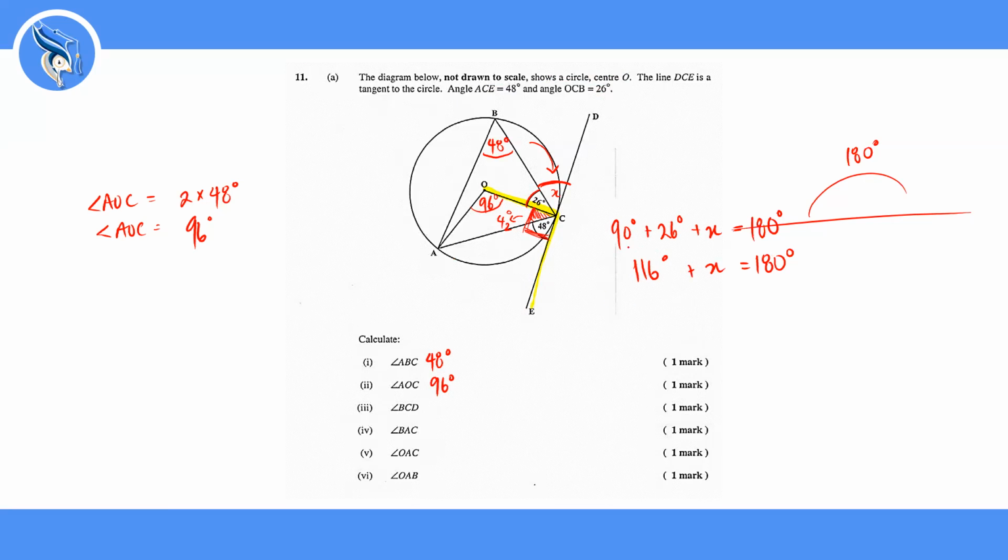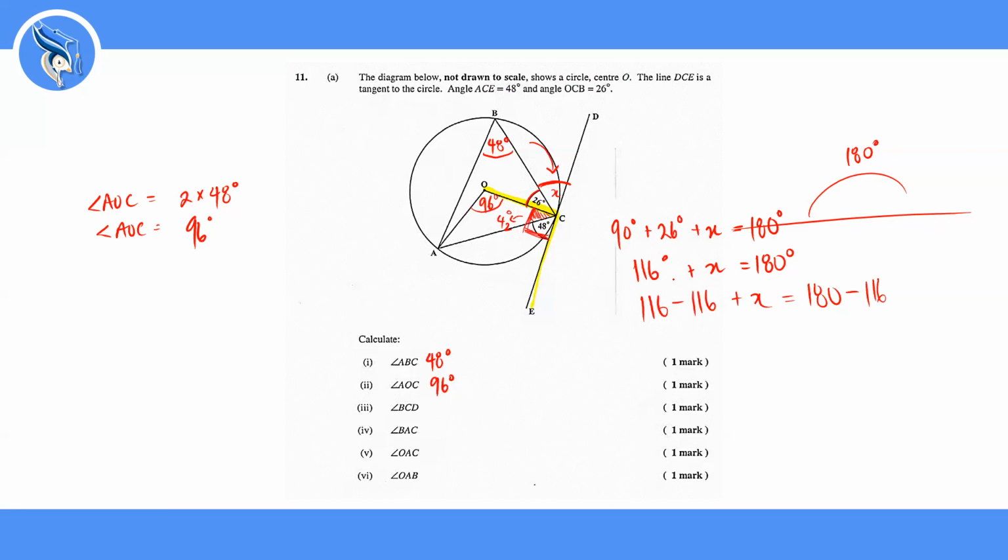So we have positive 116. To get it to the other side, what you need to do is the opposite operation, which is to subtract. So 116 minus 116 plus x is equal to 180 minus 116, because what you do on one side, you definitely have to do to the other side, right?